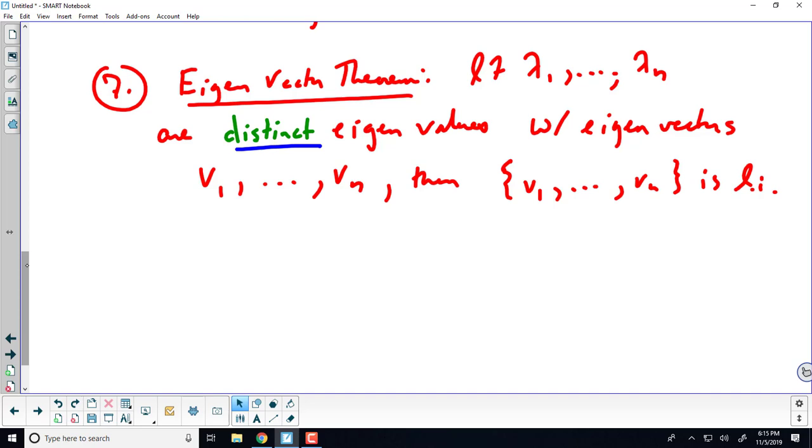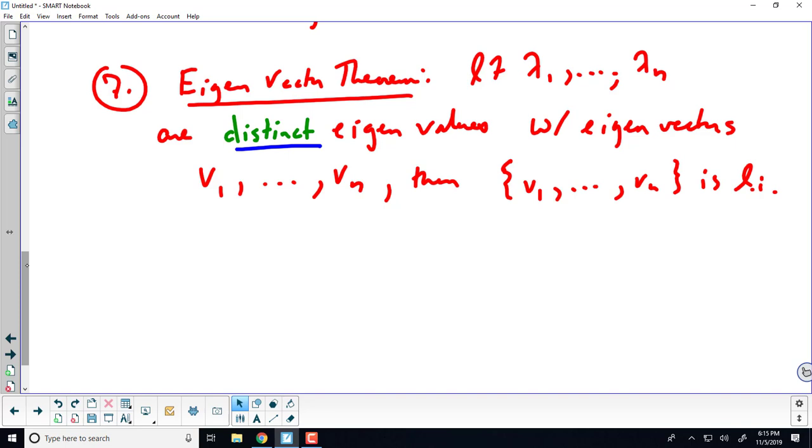Two eigenvectors will never lie on top of each other or in each other's span, because your eigenvalues are distinct. When the eigenvalues are not distinct, we run into all sorts of problems, and we'll tackle a couple of them as we go. And for a couple I'll just say use other techniques.